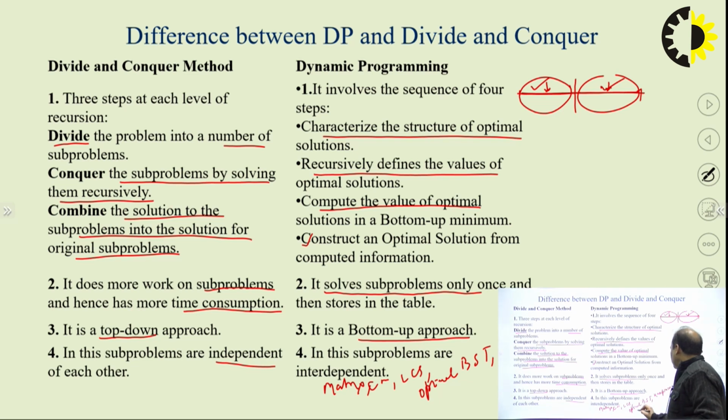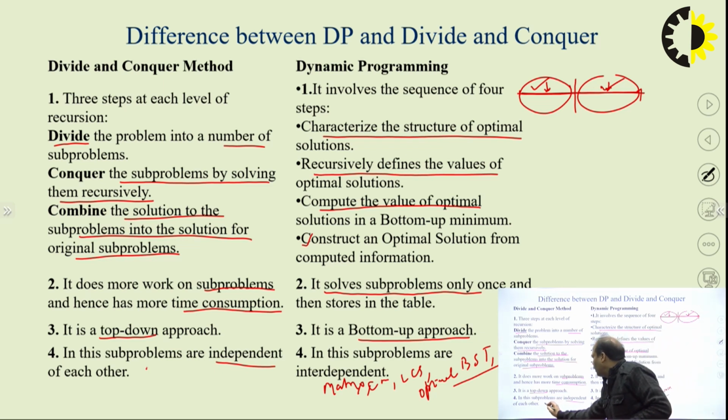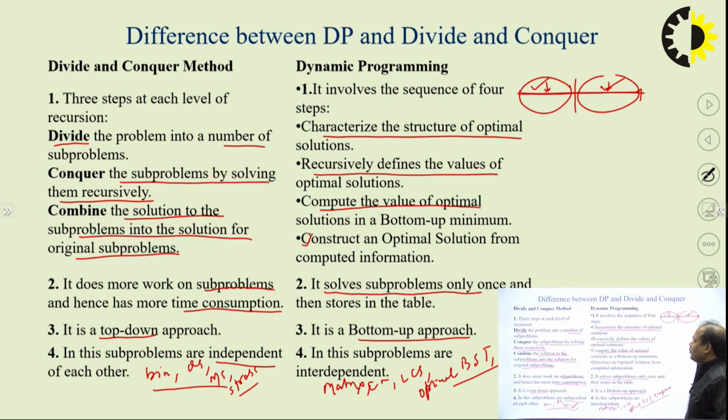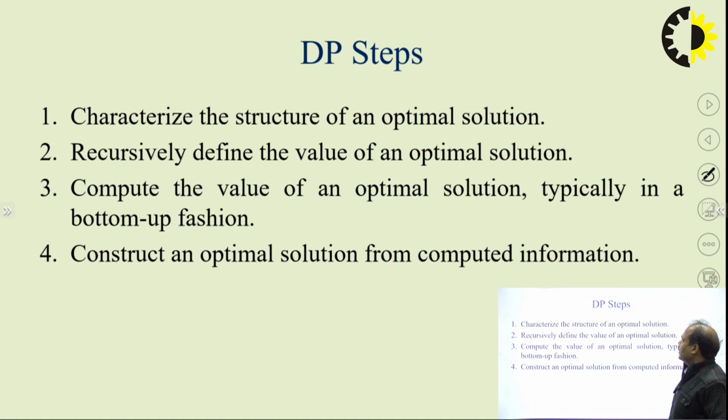In the divide and conquer category there are binary search, quick sort, merge sort, and many other algorithms, even Strassen's matrix multiplication method.